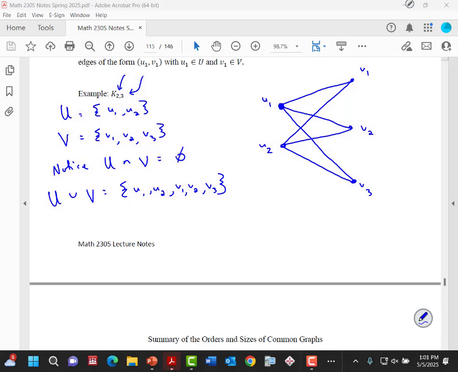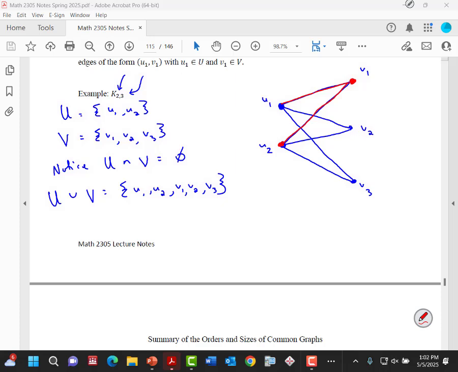Notice, there is no way to get from U1 to U2 directly. I would have to first travel to a vertex in the V set and then travel back to my vertex in the U set.